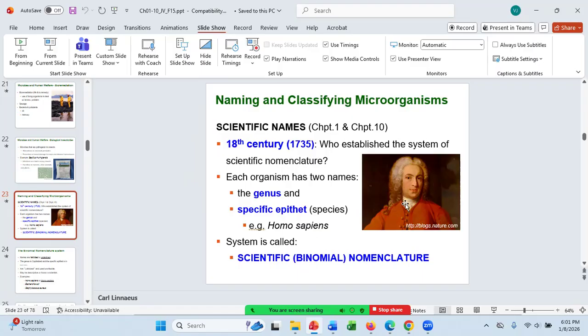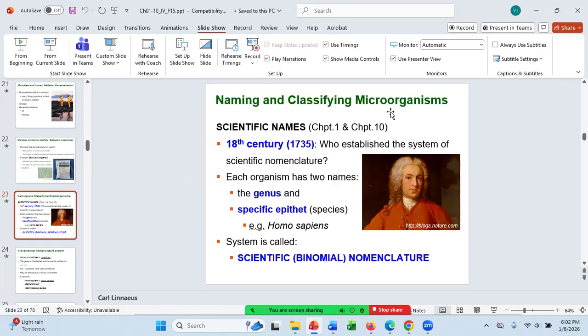Let me state that he also started the classification system. His nomenclature system is so good, we're still using it today. So everyone agreed his scientific naming system was very good, and we still use it today. His classifying of organisms is not used today.